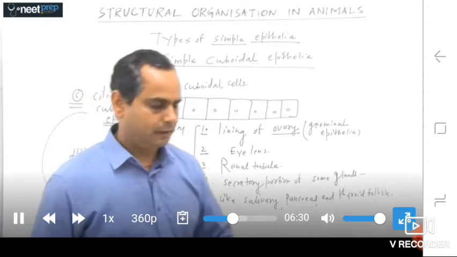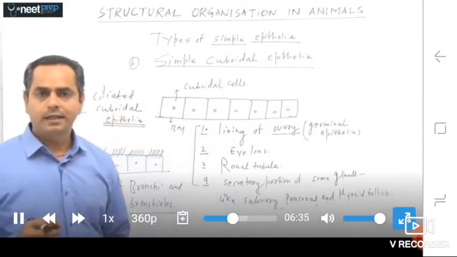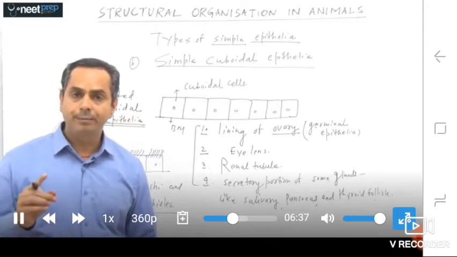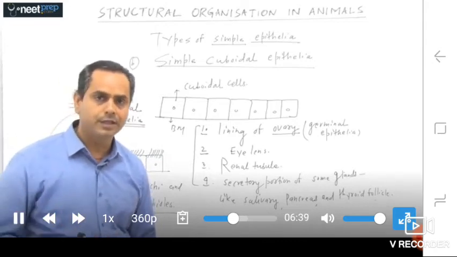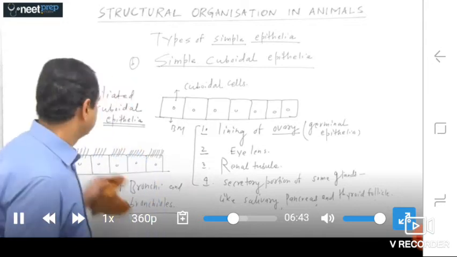And one more is also a kind of modification of simple cuboidal epithelia, and that is called brush border cuboidal epithelia. What is that? Look at here.